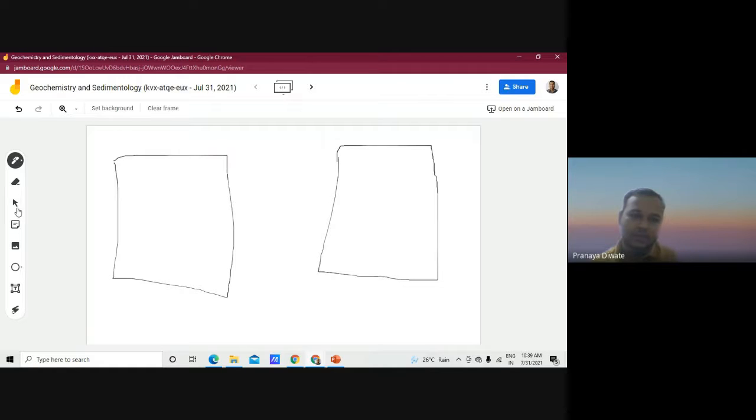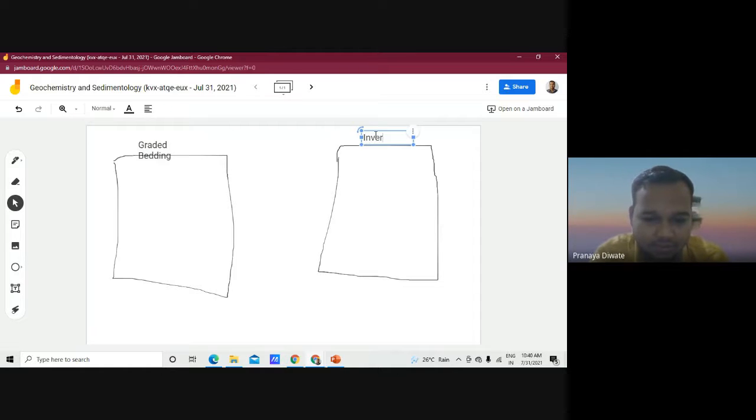This one is known as graded bedding, and this one is inversely graded bedding. So graded bedding and inversely graded bedding are the two different beddings we have.